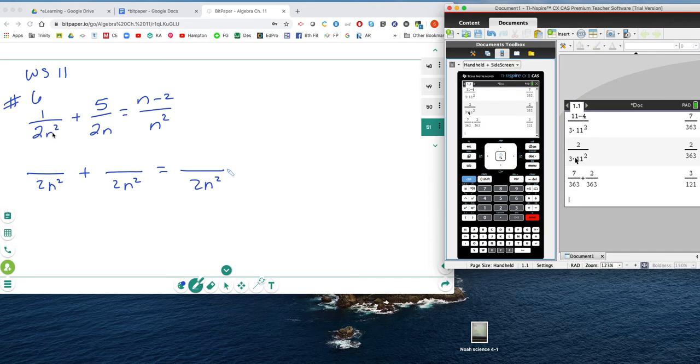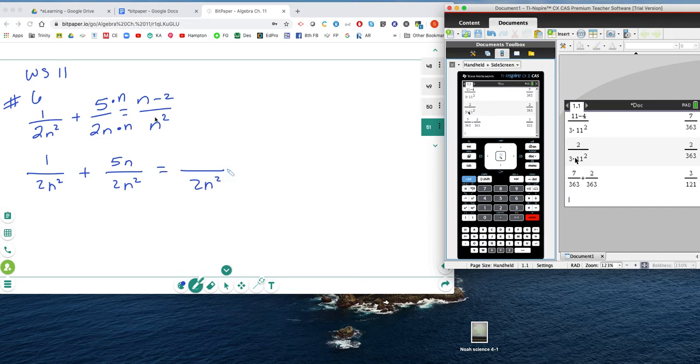Now we're going to look at the denominators. So 2n squared and 2n squared match, so the 1 comes down. 2n does not match 2n squared. That means I have to multiply this denominator by n, and I have to multiply this numerator by n, brother-sister rule. So that's going to give me 5n. Now I'm going to look at n squared and 2n squared.